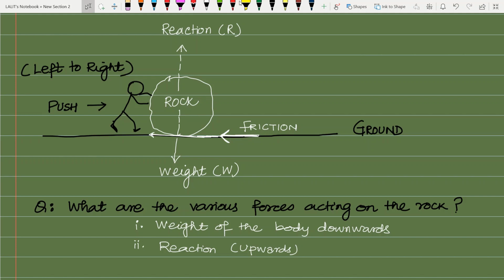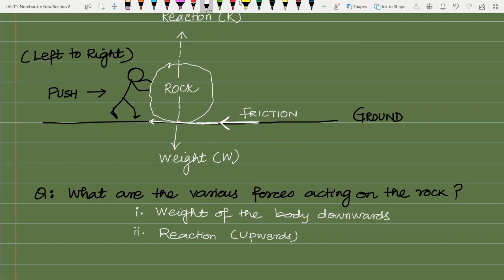What is the third force? The third one is the applied force. Applied force is our push, and there is another force which is frictional force.